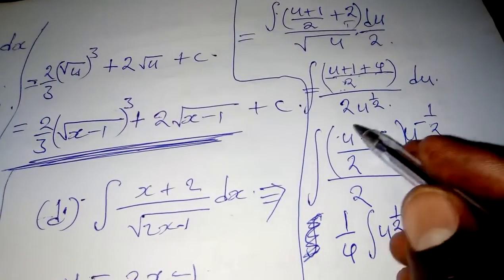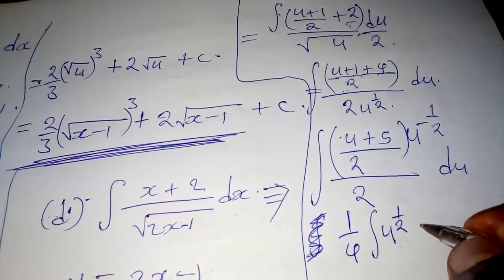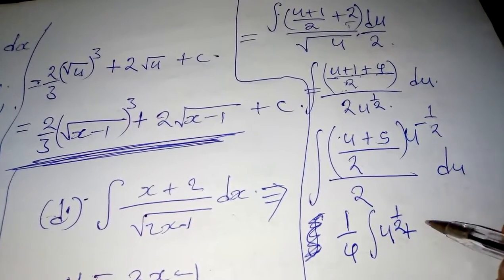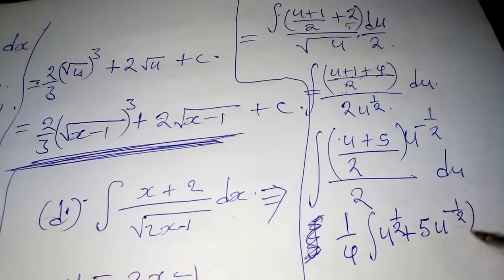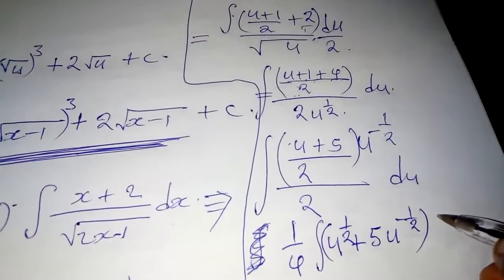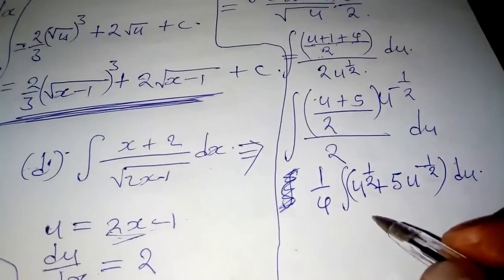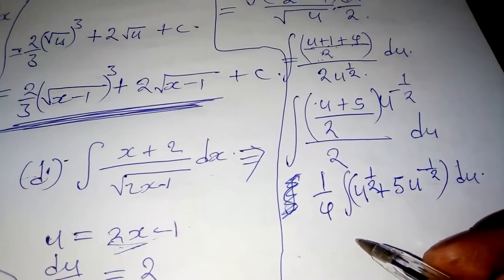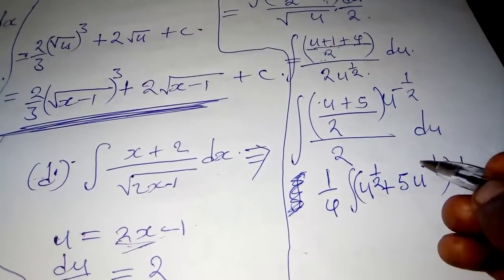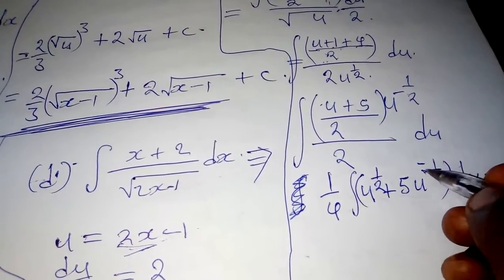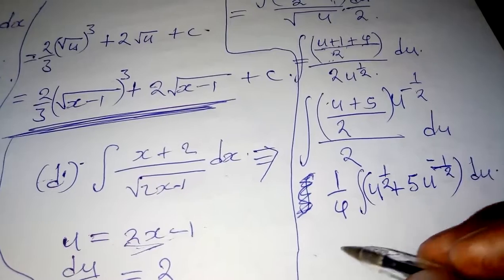And then you have plus 5 u to the power negative half. Then all these you're integrating them with respect to u. So here it's just a matter of now integrating.